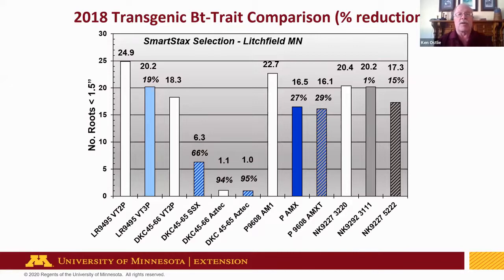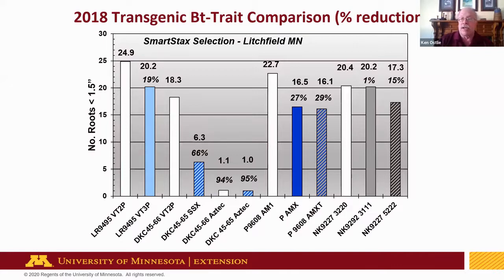Here we have a SmartStax history field near Litchfield, and the light colored bar, the white bars here, are the unprotected hybrids. The solid colors are a single trait, and the striped bars are pyramids.